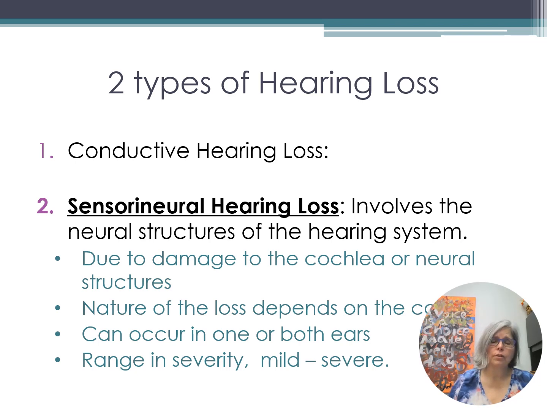But in this case, we're looking at children, and we'll see a little bit of difference in that. The nature of the loss depends on the cause, and it can occur in one or both ears depending on what's causing the sensorineural hearing loss. The range in severity is mild to severe, or actually mild to profound. Even though I have severe here, it can be profound in sensorineural hearing loss.